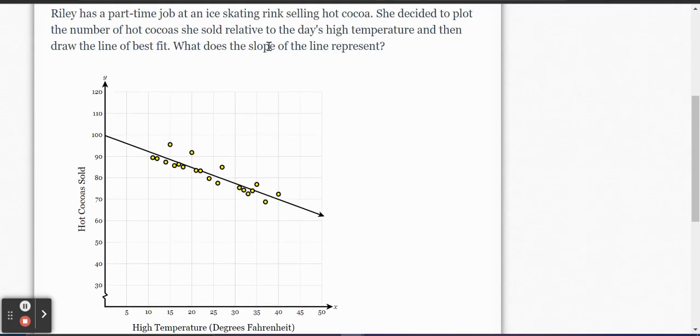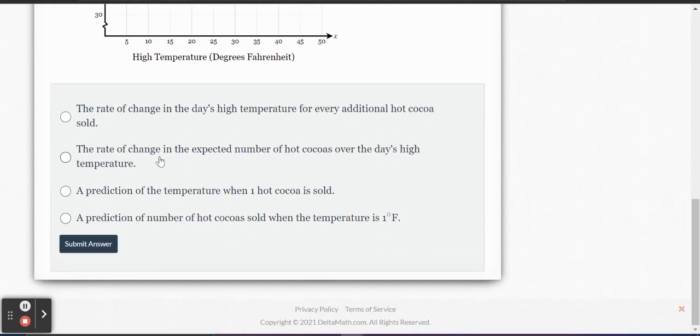We want to interpret the slope. Another word for slope is rate of change, right? So when we see rate of change, the difference in the y's over x's, we're looking at the rise over the run. So the change in the hot cocoas over the temperature in degrees Fahrenheit. In these first two choices, good words right here, rate of change. We have to be careful, though, which one we pick.